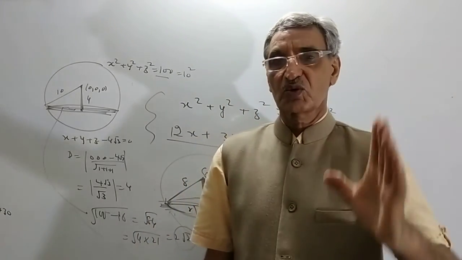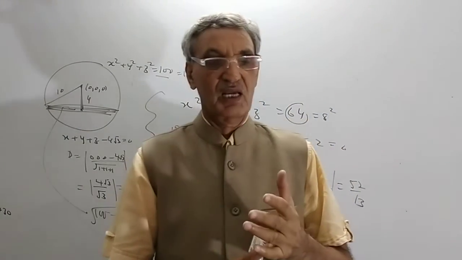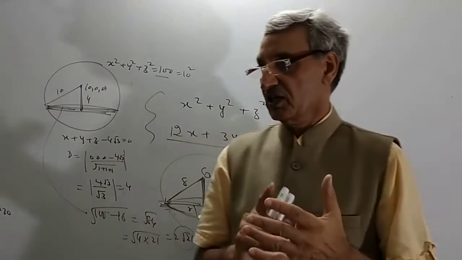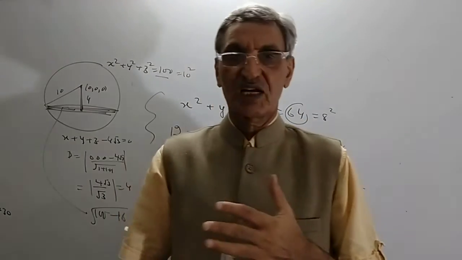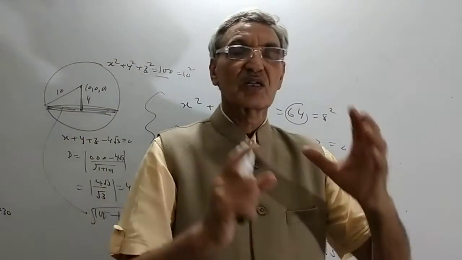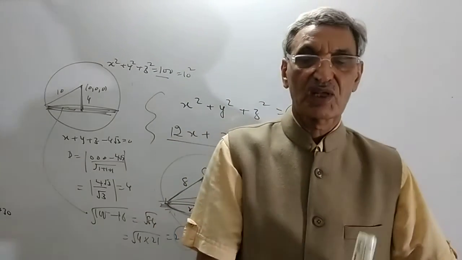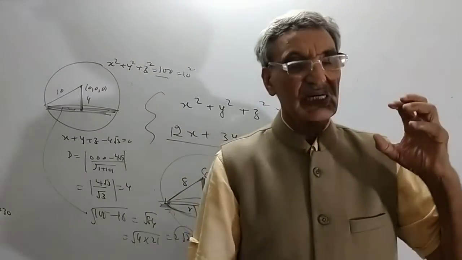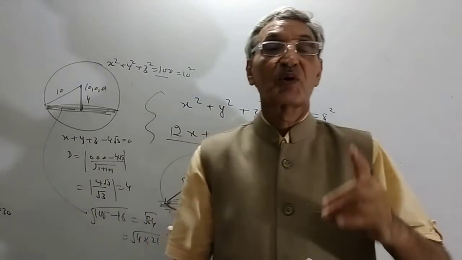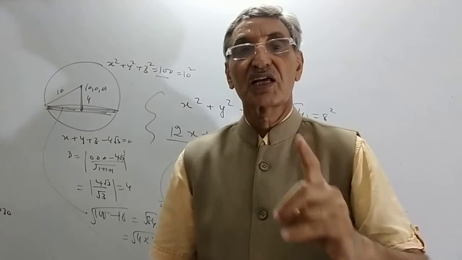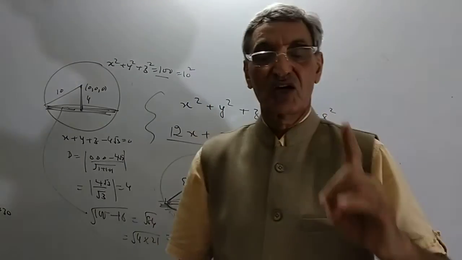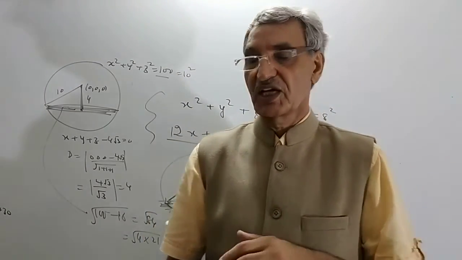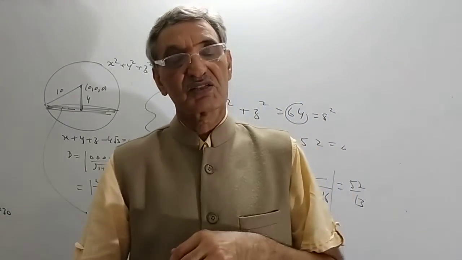So I discussed two or three questions. Number one, how to find the other end of a diameter when one end is given. Secondly, when we say the sphere is a point sphere, point sphere means the radius is equal to 0, while for a real sphere the radius is positive, and when the radius is negative, it is an imaginary quantity, an imaginary sphere.